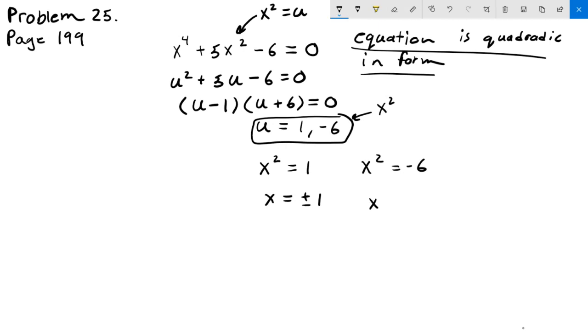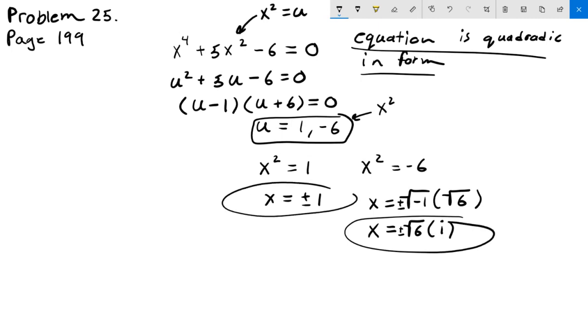And then same here, x is equal to the square root of negative 1 times the square root of 6, which simplifies to the square root of 6 times i. And excuse me, that should be a plus or minus also, because we took the square root. So these are our final answers.